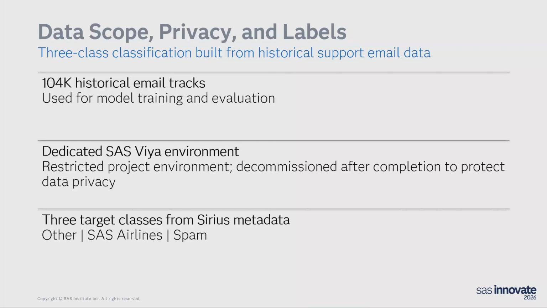From very early on, we knew that data privacy is one of the key considerations for us. So we did all the work in a restricted environment, which got decommissioned after the work was completed. So the goal was not just to build models. The goal is to build it in a way that aligns with production and governance requirements.